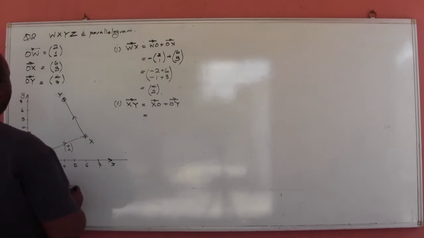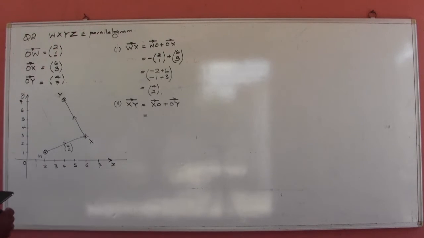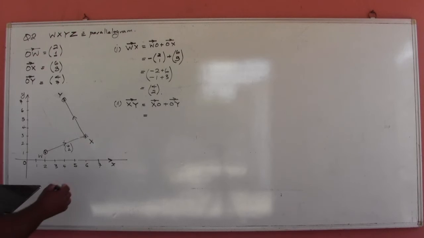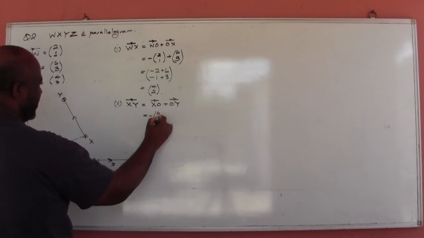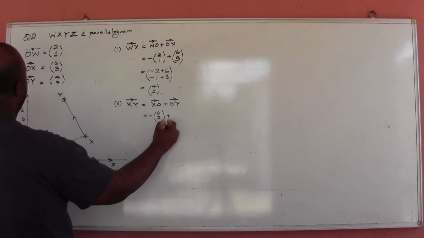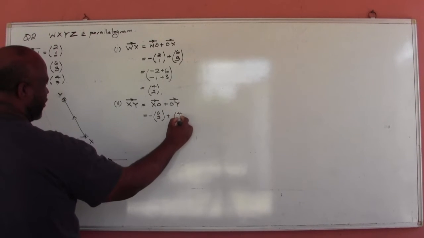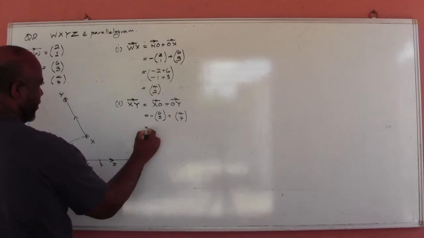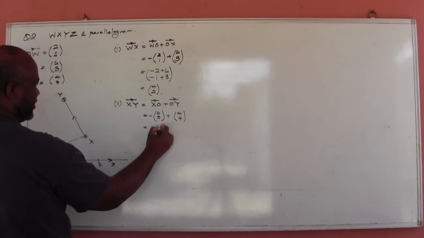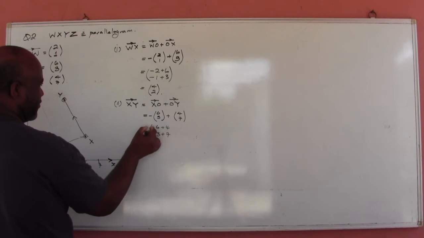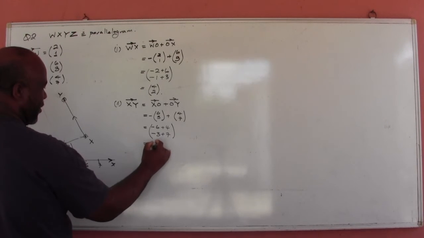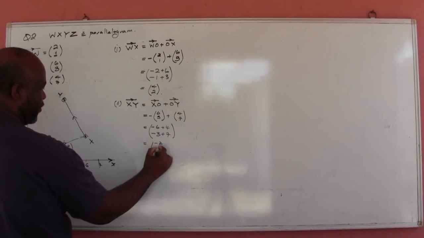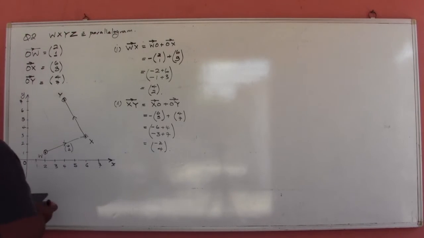OX is (6, 3), so XO will be going in the opposite direction. I'm indicating the opposite direction by putting a negative in front of it, plus OY, which is (4, 7). So this is -6 plus 4, -3 plus 7. So this works out to be (-2, 4).